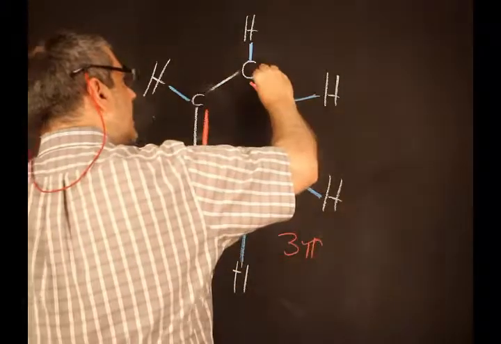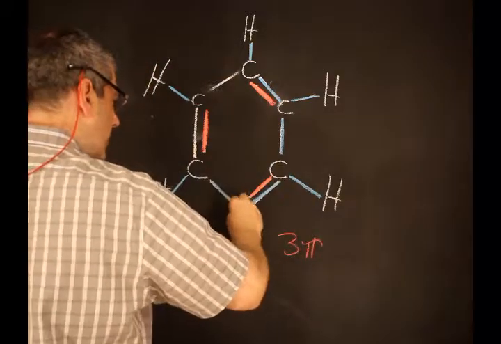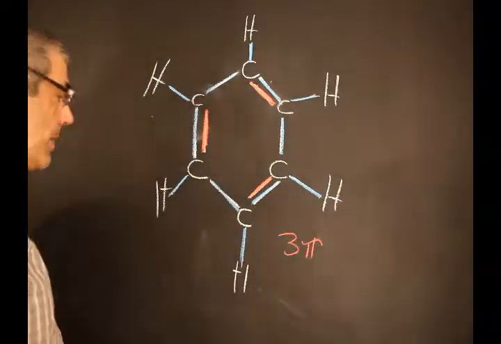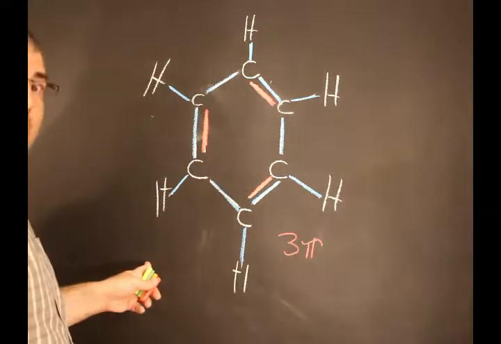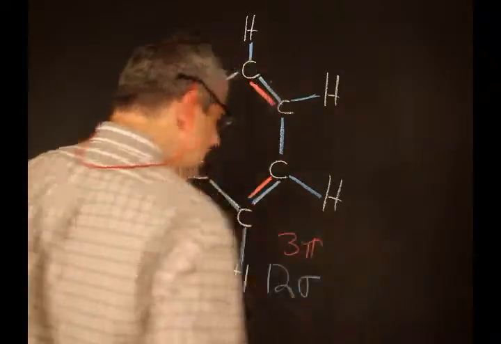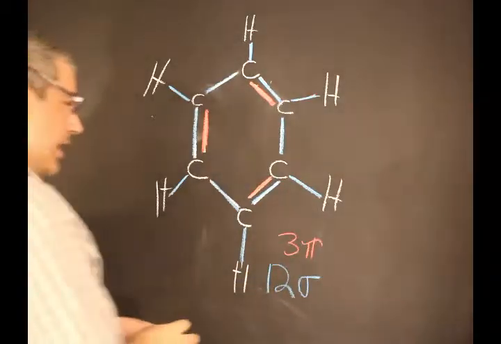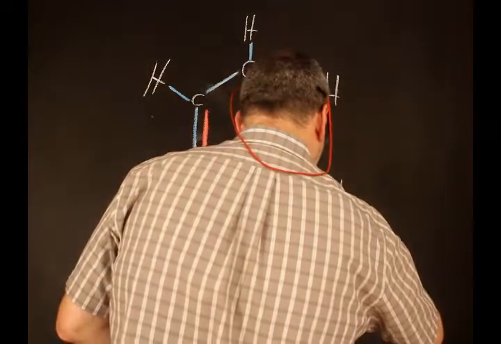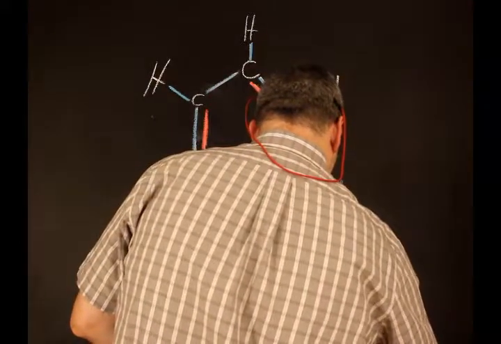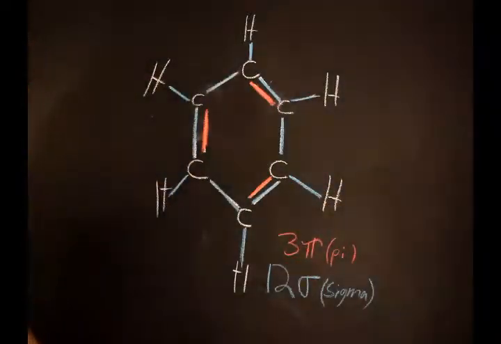But we're also going to have 1, 2, 3, 4, 5, 6 sigma bonds between the carbon atoms themselves. So we have a total of 12 sigma bonds. So that's the symbol for pi and sigma. You'll see them written either as the symbol or written out that way.